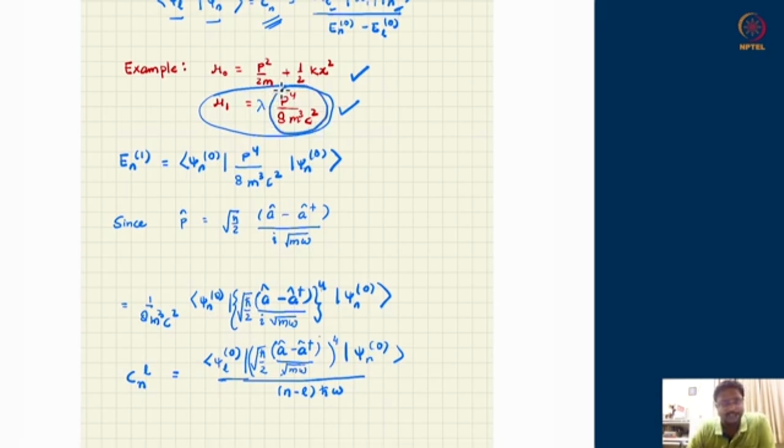So let us go along with this bookkeeping parameter lambda, with which we will compare various powers of lambda, and then at the end of the day I will put lambda to 1.